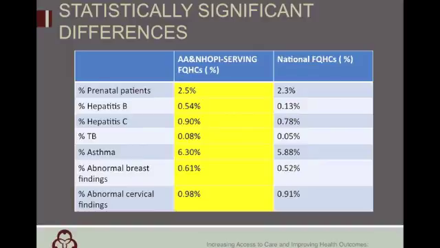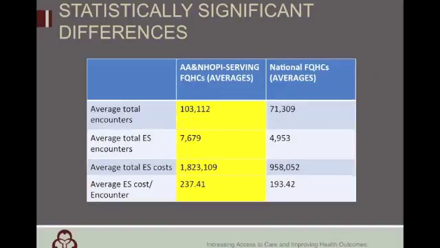For other patient characteristics, the percentage of those at or under 100% poverty level at ANHOPI serving FQHCs is slightly higher at 93.01% versus 92.78%.